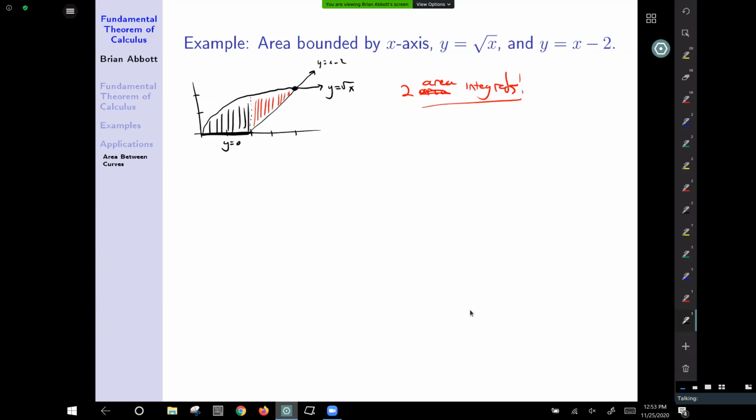And so let's write that out. For the black area, we're going to use the integral from 0 to 2. And our top function minus our bottom function is going to be the square root of x minus 0, because our bottom function is y equals 0.